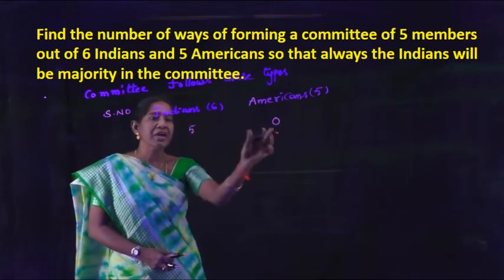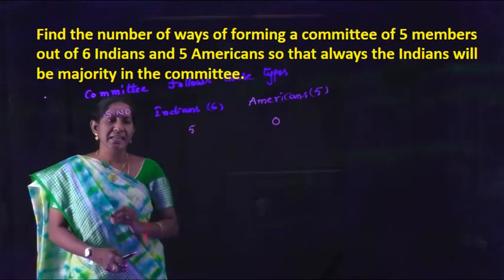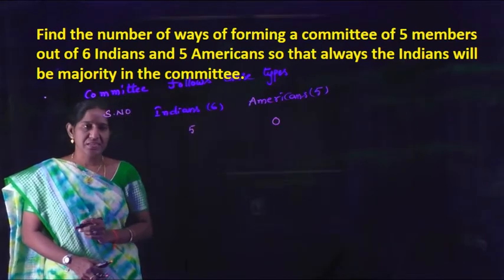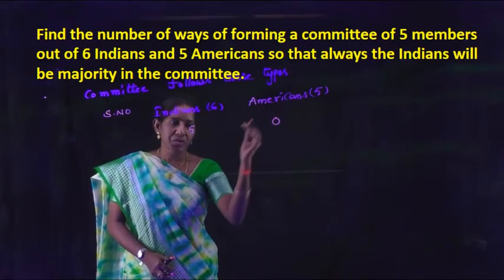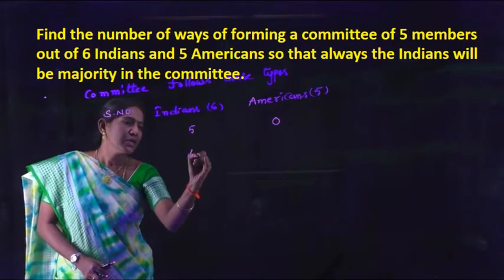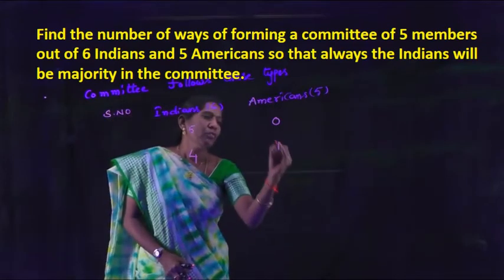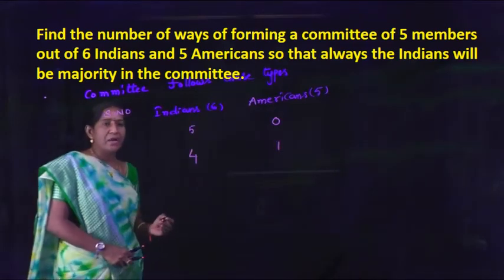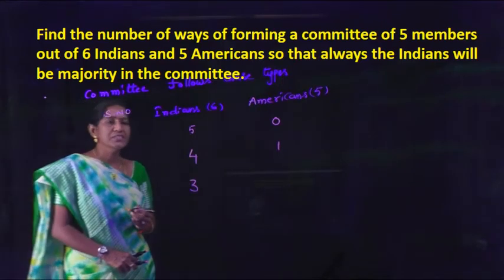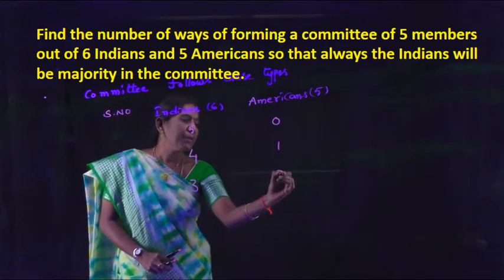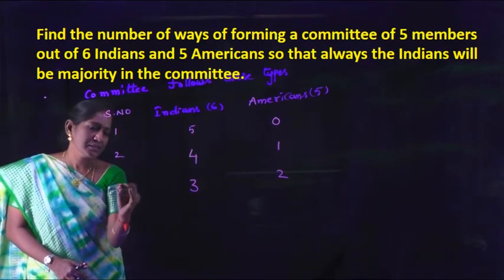We have to form a 5-member team. Then select 5 Indians out of 6 Indians in 6C5 ways. Then no Americans will come, then it is 5C0. And select 4 Indians out of 6 Indians and 1 American out of 5 Americans. Select 3 Indians out of 6 Indians and 2 Americans out of 5 Americans. So there will be 3 cases.